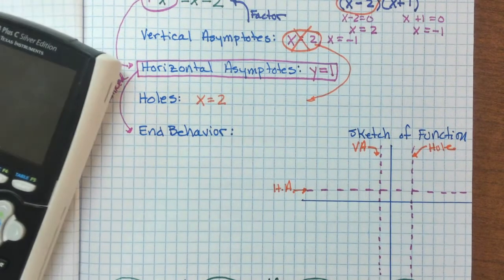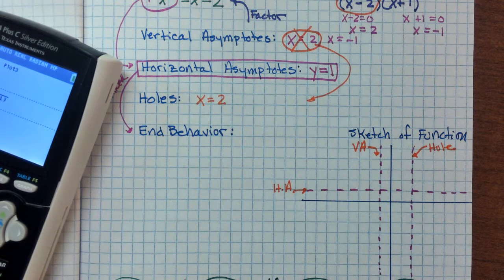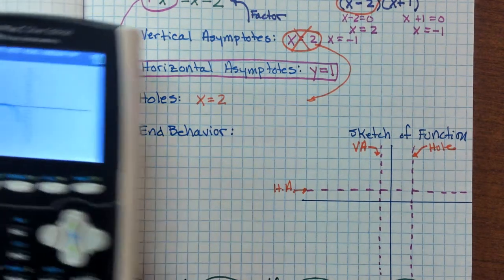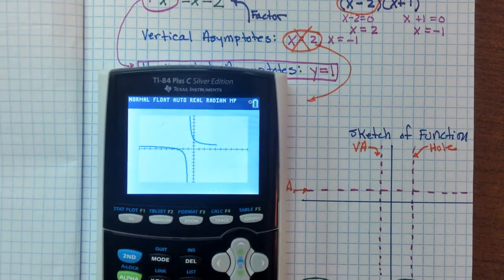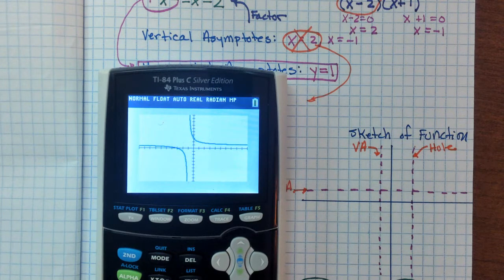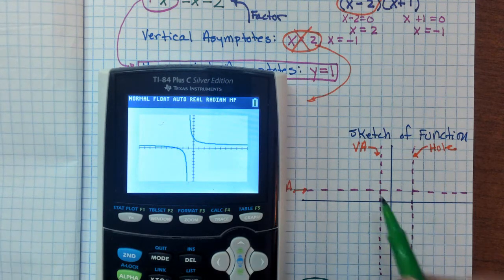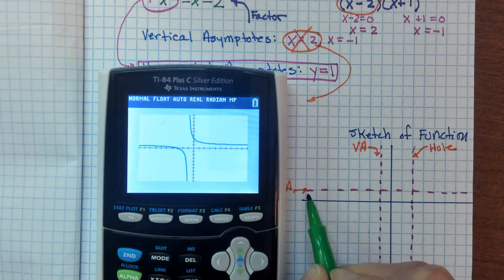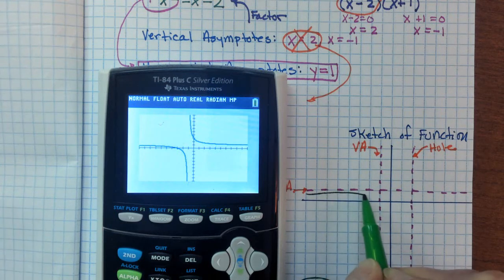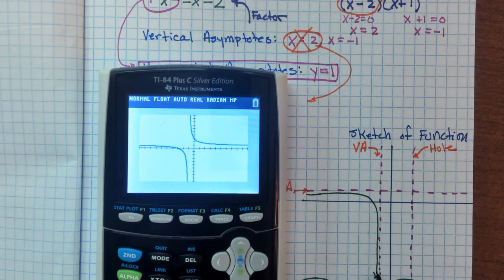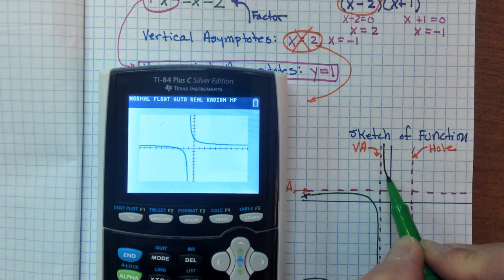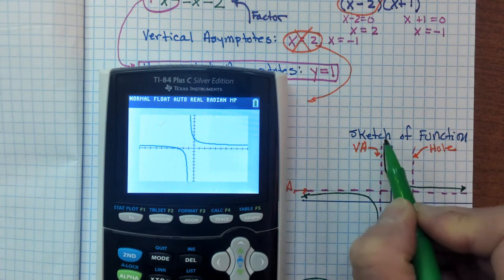I already have everything entered into my calculator. When I go to graph it, let me make sure I'm graphing the right one. Yep, I have 2 equations in my calculator. So we can see that this looks like this. This is going to be coming down like this, and I'll put arrows on the end. Remember, I'm just sketching. And this comes like this.